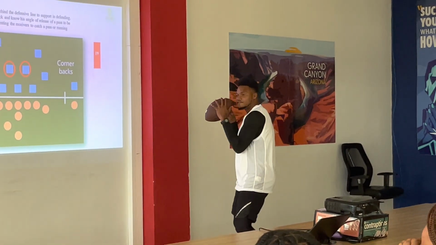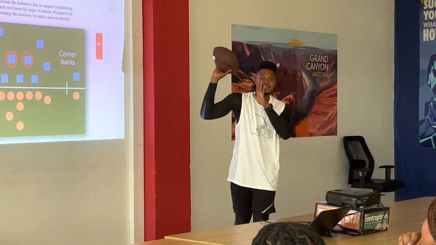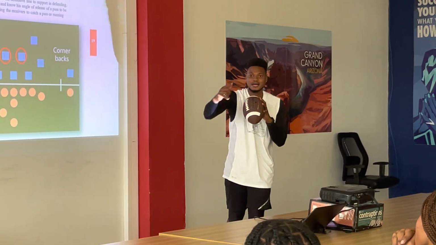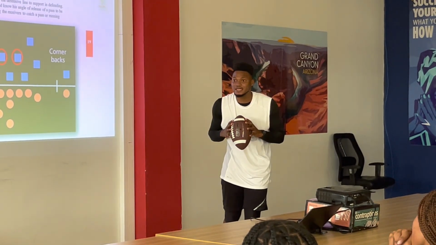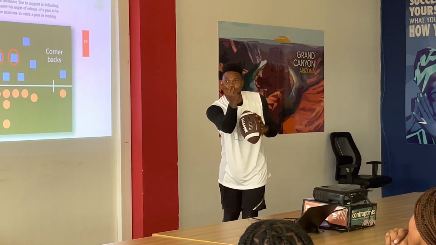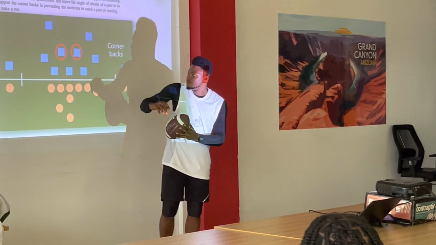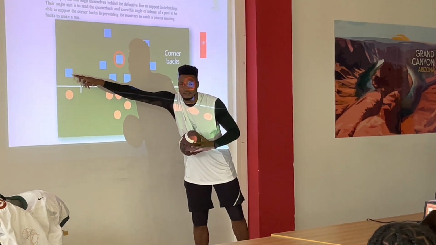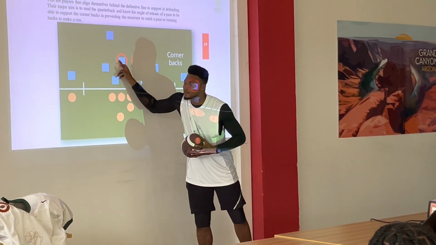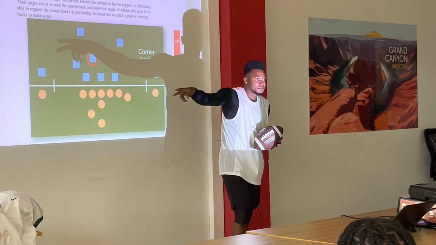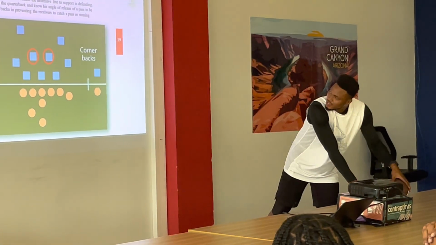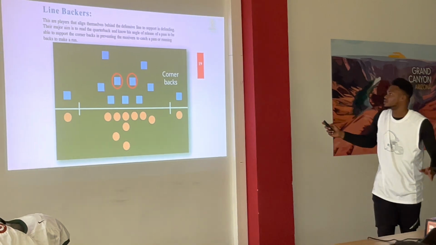So if I just turn this way to release the pass, the linebacker has already seen my angle of release. So what does he do? He quickly runs in that direction to be able to support the cornerback, such that if the receiver beats the cornerback, the linebacker is already in that zone to cover up. Okay? So that's the responsibility of linebackers.